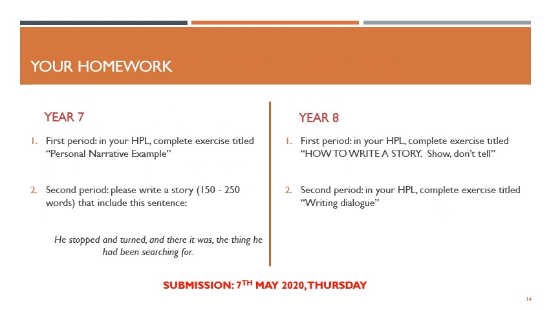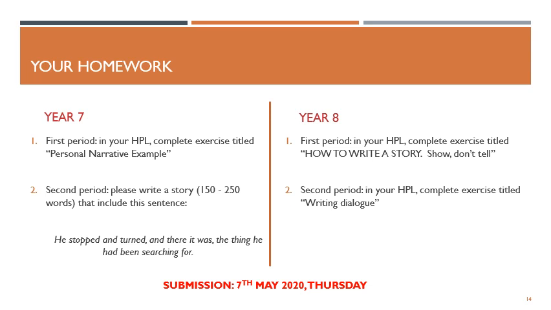Okay, we're on to the last section, section 5, which is your homework. I understand that the lesson is just a crash course to narrative writing, meaning it's just a quick lesson. But I want you to take everything that you learned today to your homework.